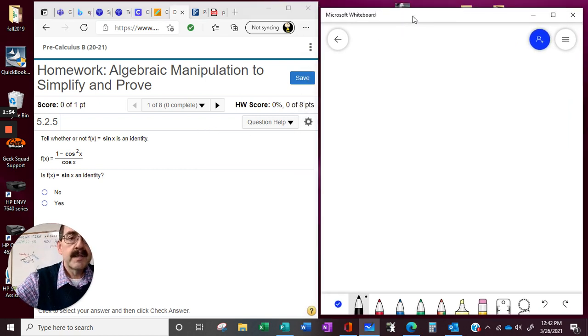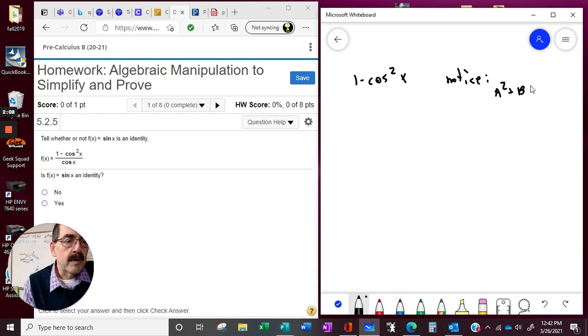Grab our sketch pad here. And right off the bat, 1 minus cosine squared of x. Notice, this is from the Pythagorean theorem: a squared plus b squared equals c squared. Well, when we use it for trig in the unit circle, we have sine squared x plus cosine squared x is equal to 1.